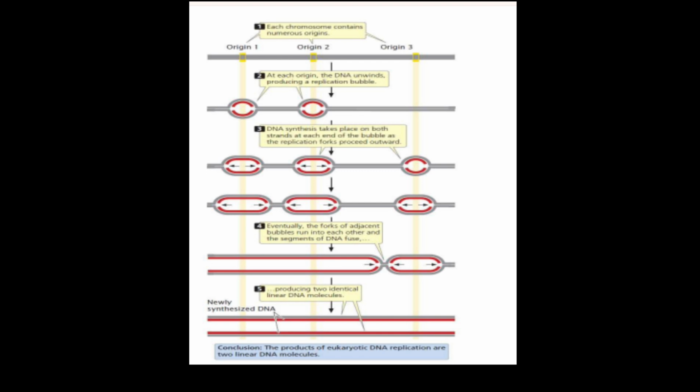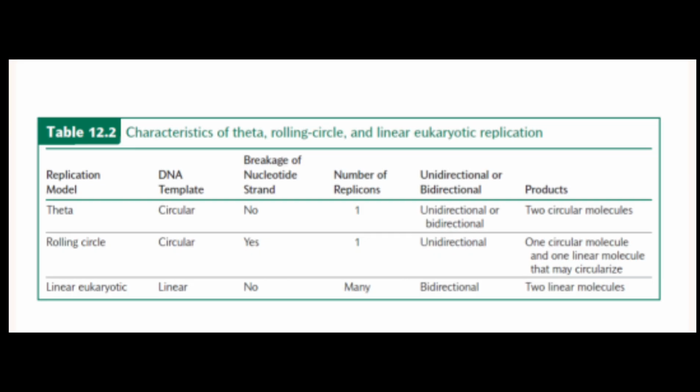So what are the differences between the replication models: theta, rolling circle and linear eukaryotic? The DNA template is circular in theta and rolling circle, whereas in the linear eukaryotic replication model the DNA template is linear. There is no breakage of the nucleotide strand in theta and linear eukaryotic, whereas we can see breakage in the rolling circle model. The number of replicons is 1 in theta and rolling circle, whereas there are many replicons in linear eukaryotic.